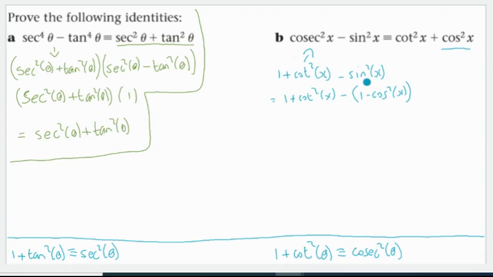And that's just using the identity that sine squared x plus cos squared x is 1, rearranged, of course. So then this becomes 1 plus cot squared x minus 1 minus cos squared x, which is the same thing as plus cos squared x. And this simplifies to cot squared x plus cos squared x.